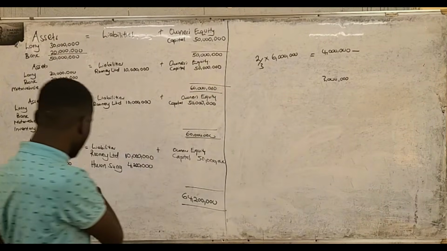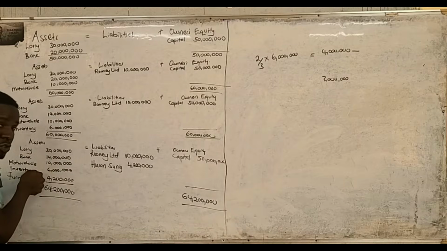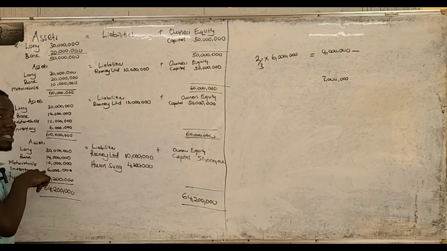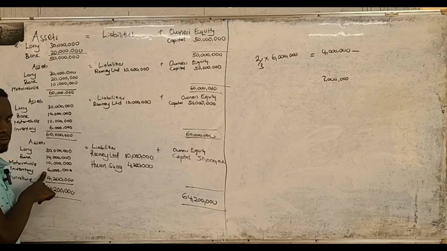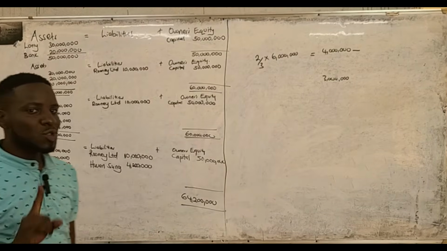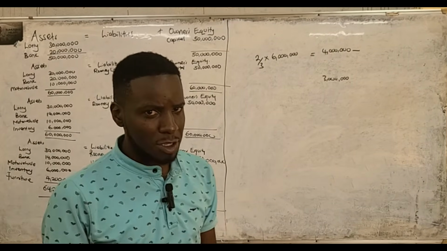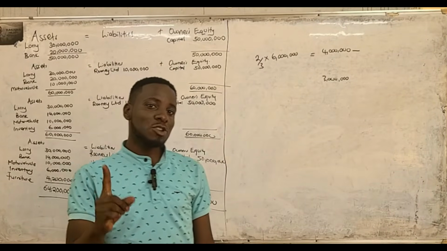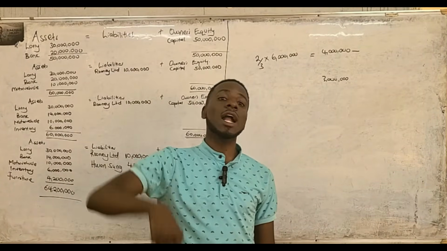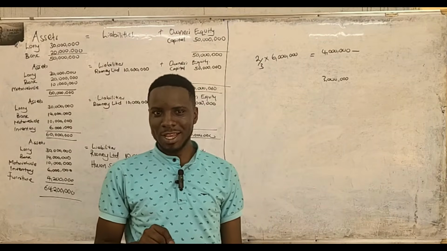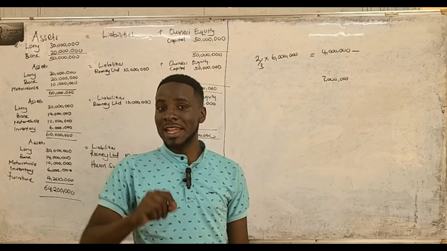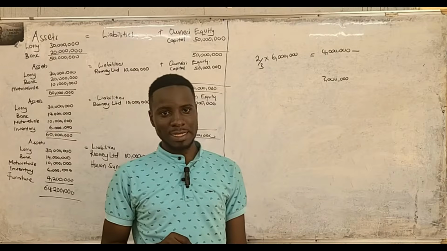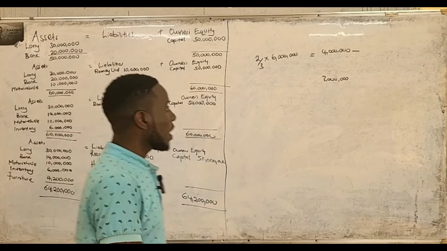So on inventory, the amount you're going to deduct is supposed to be 4 millions, but the cash you're supposed to receive is 3 millions. That means this person made a loss. So you're supposed to account for the loss as well, because if you don't, your accounting equation will not balance. So we are going to account for that loss.